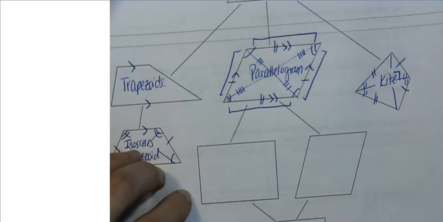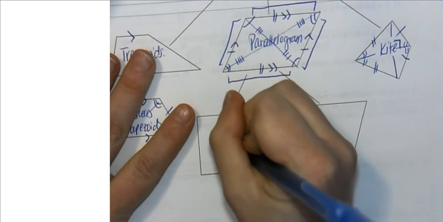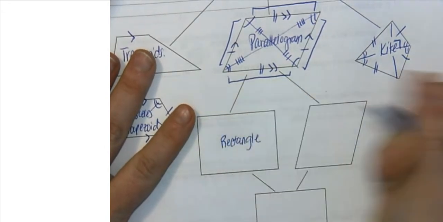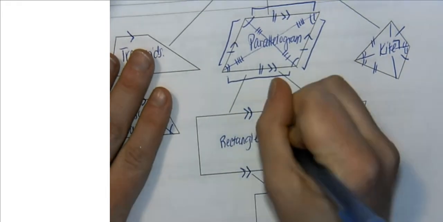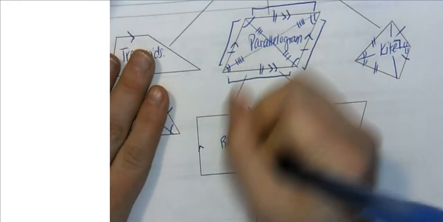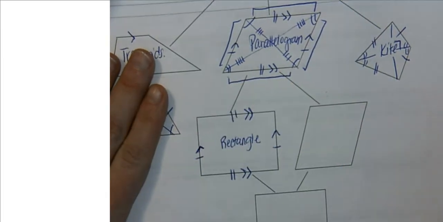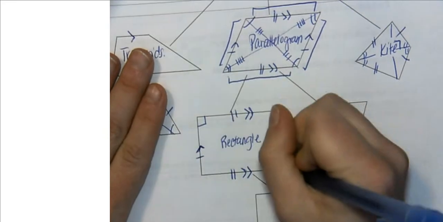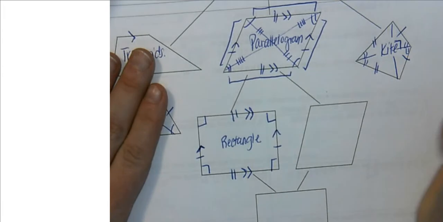Parallelograms have special shapes that are also parallelograms but have additional properties. The first one is a rectangle. A rectangle has opposite sides that are parallel. It does have opposite sides that are congruent. Although it is true that opposite angles are congruent, they are also right angles.